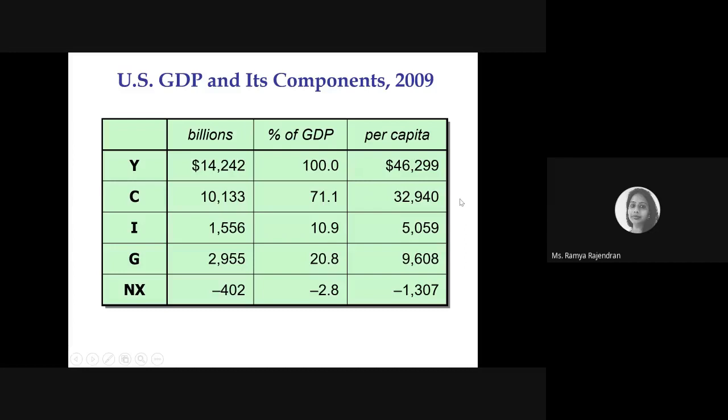For example, a person was consuming $32,000, investing $5,000, and the government was purchasing $9,900 per person, with net exports of -$1,000.